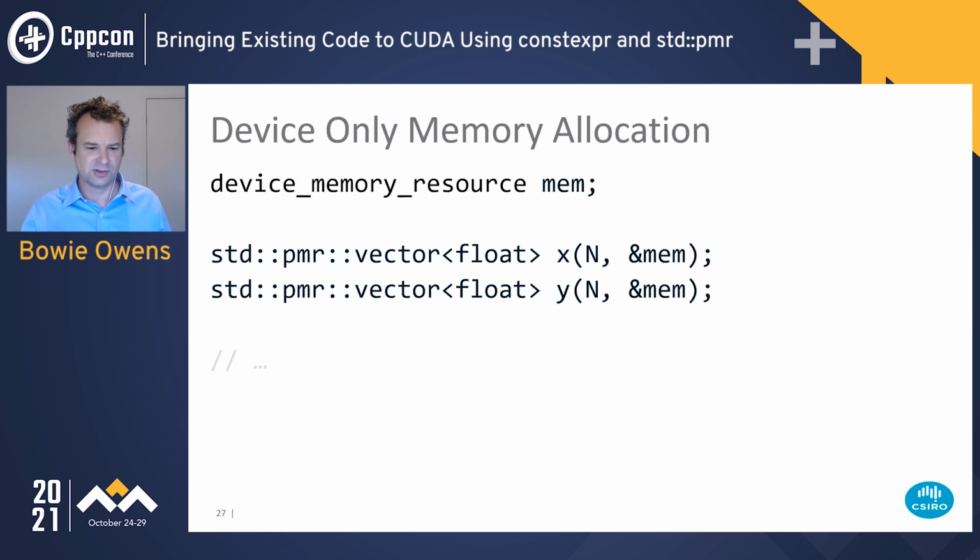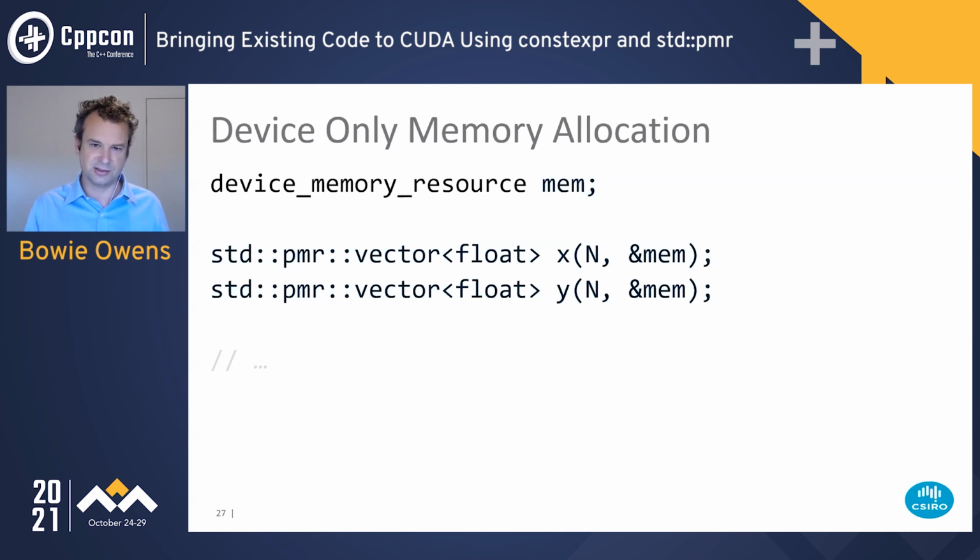Okay, so the reason why it doesn't work as is because the constructor for the vector objects will use the standard PMR polymorphic allocator behind the scenes to default construct all of the elements of the vectors, setting them to 0. And this is going to be done on the CPU.